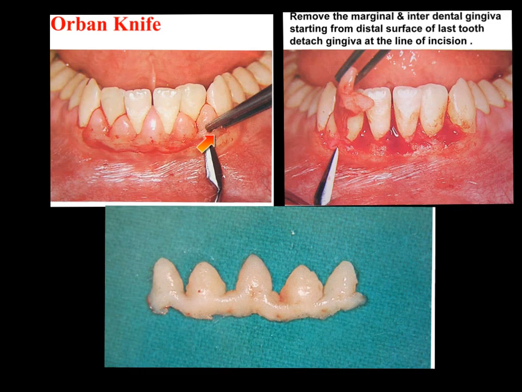Then we excise the excess soft tissue with an Orban knife, and here we found the one piece of continuous internal bevel incision, the excised tissue here.